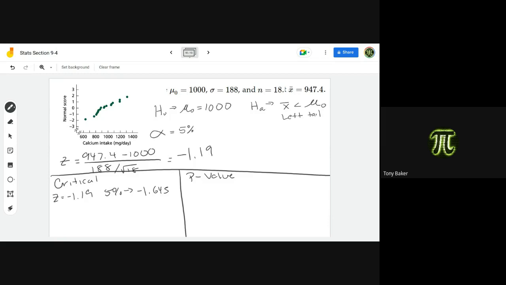Okay, so if I look at my curve, the negative 1.645 is here. So I'm looking at over here, but my value is really over in here, right? So do not reject.